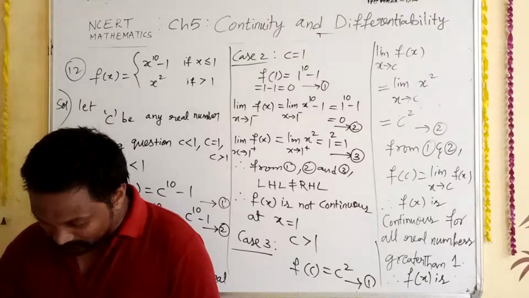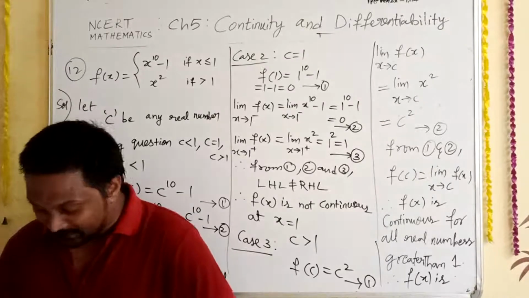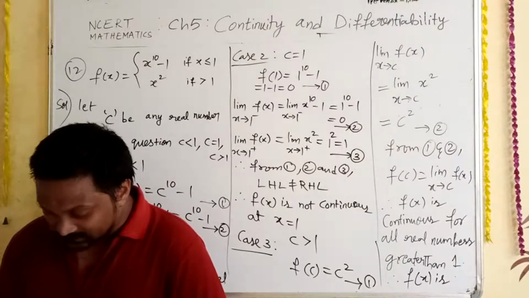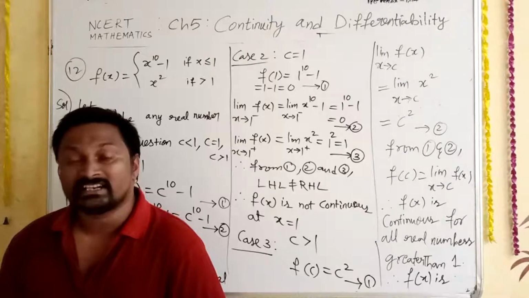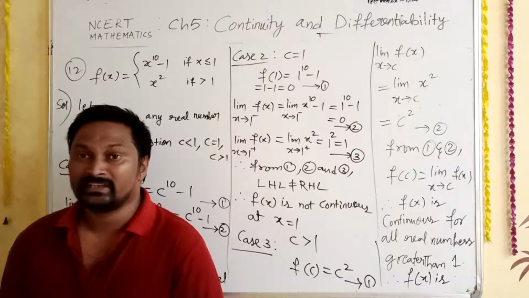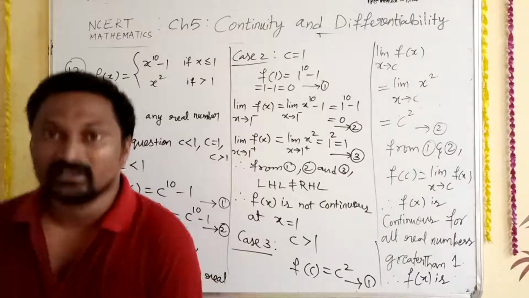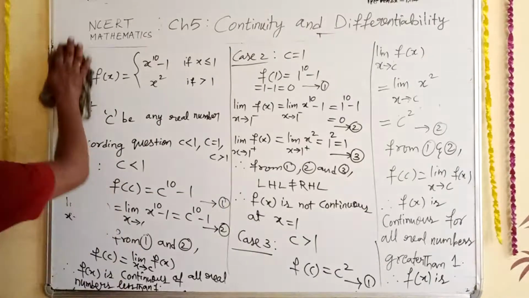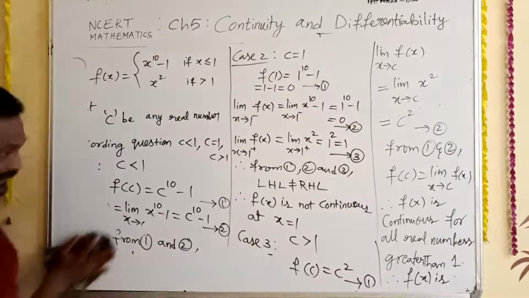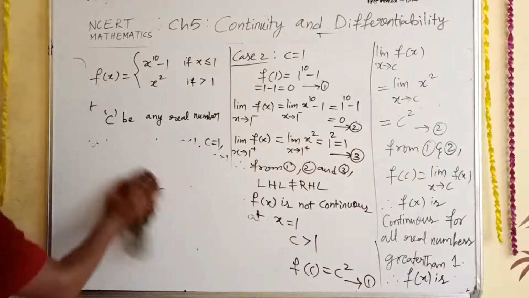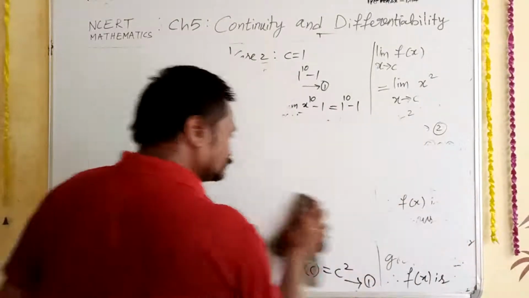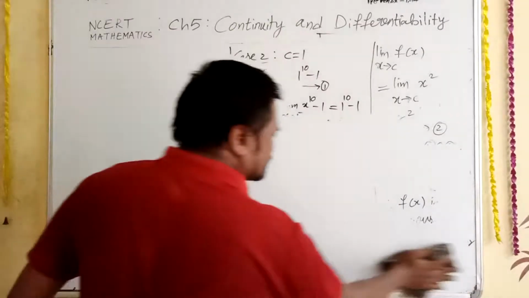In the 17th problem, you have to find A and B. There is one function given, and it is continuous at x is equal to 3. Then we need to solve. Let us go for the 17th problem now. 16 is also the same. We go from the 17th and try to complete. This is the same method, only one question.